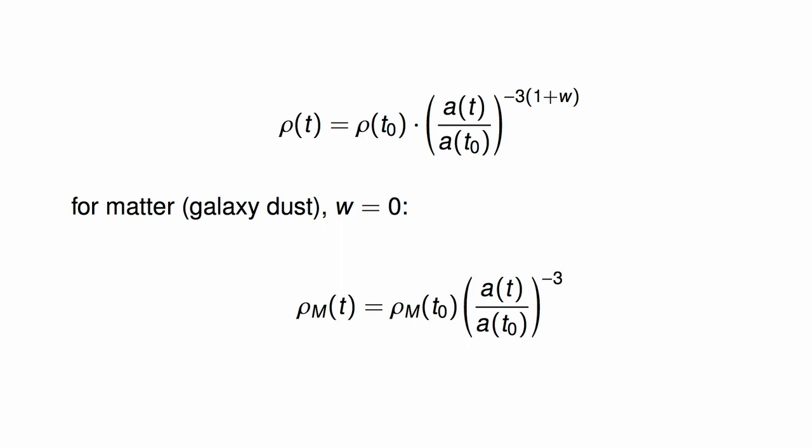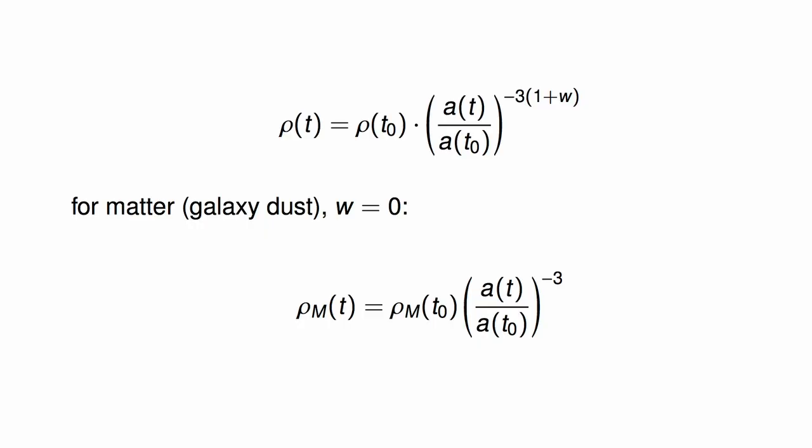Galaxy dust, if you plug that in there, the 0, then you see the density ρ at the time t is equal to ρ at the time 0, and then times this scale factor. And again, that is unsurprising because galaxies don't just get lost, not even in an expanding universe. No galaxies will spontaneously come into existence or suddenly pop away.